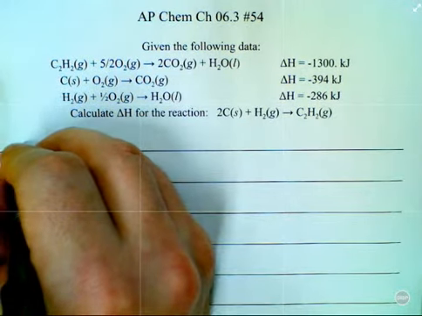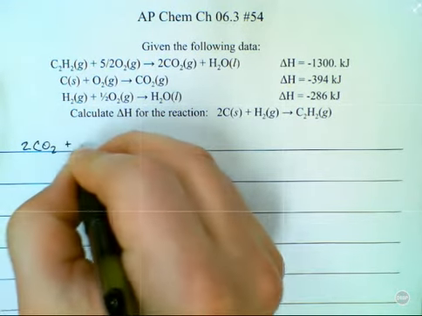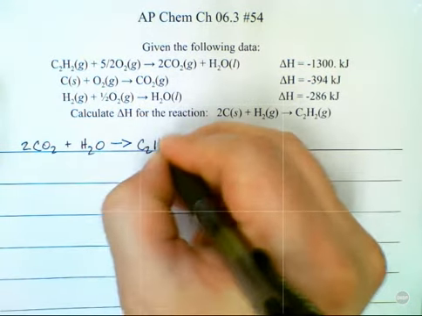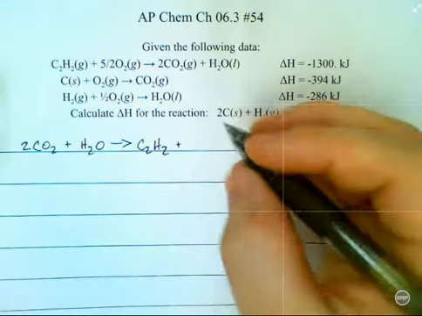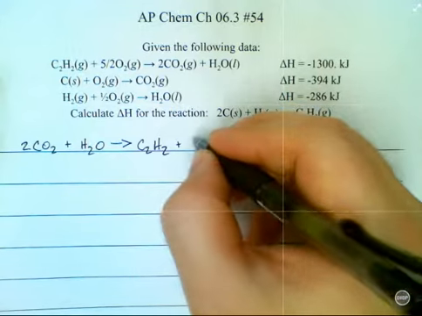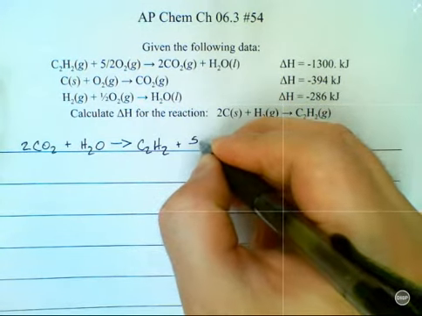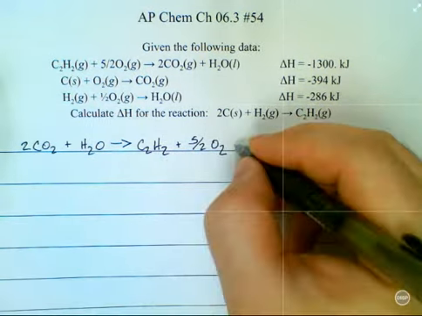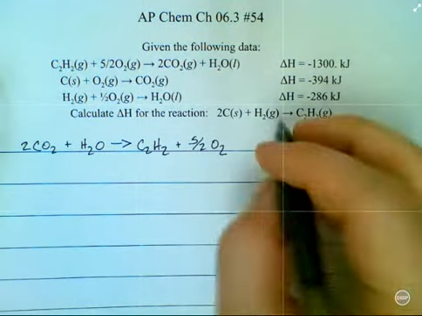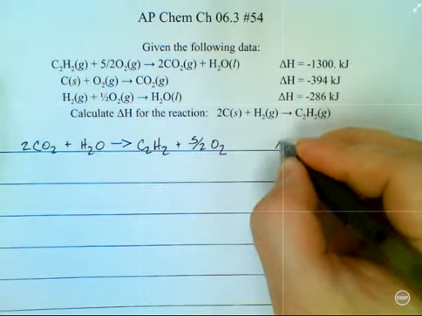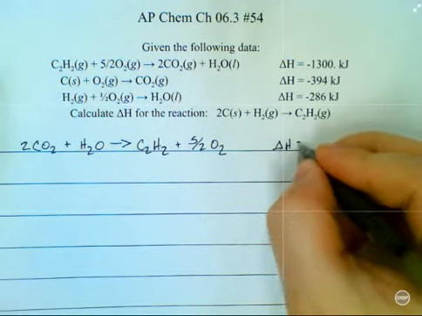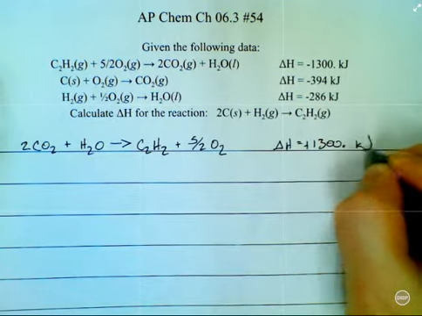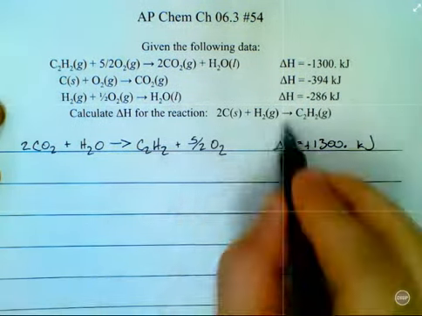So 2 CO2s plus H2 reacts to yield C2H2 plus 5/2 O2, and this will now have a delta H of a positive 1300 kJ.